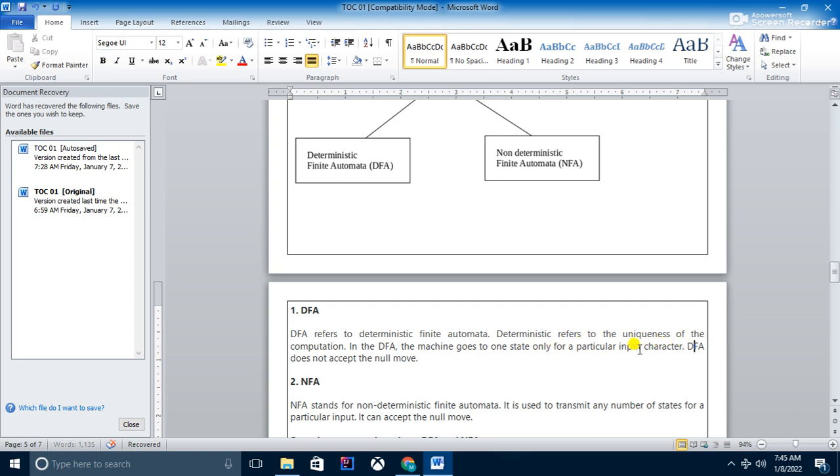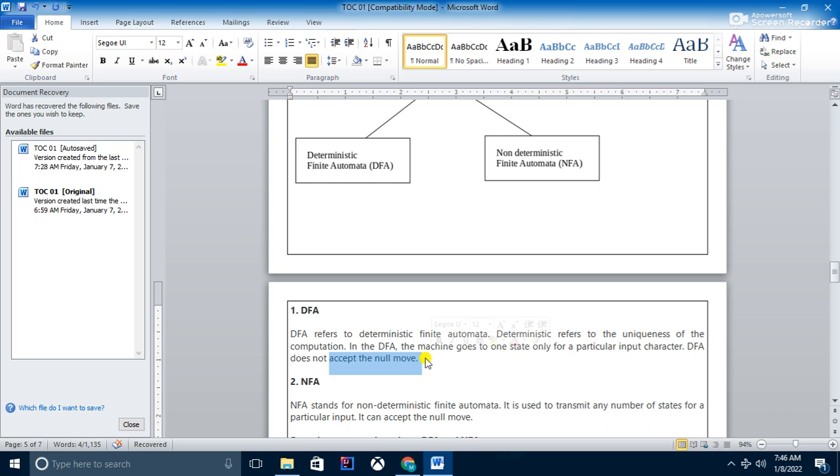And DFA does not accept null moves. Null moves means the moves which do not have any input string or input symbol. So if there are null input symbols, DFA cannot accept that.